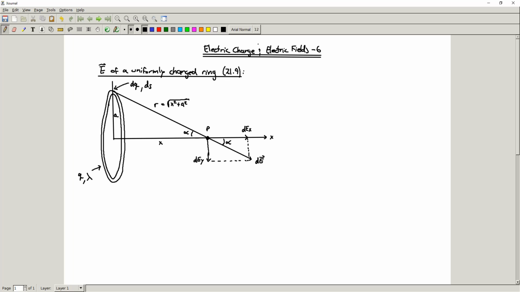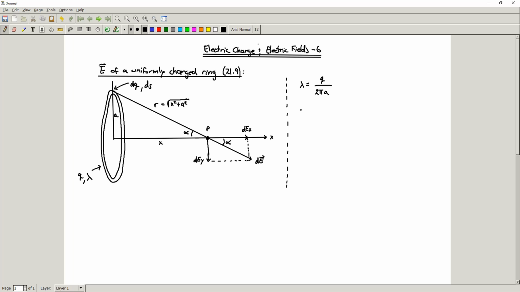And so let's start off by writing down our charge density, right? So we have lambda, and lambda is going to be equal to Q, the total charge on the ring, over the length of the ring, and in this case we're dealing with a circumference because it's a ring. So it's going to be 2 pi a, where a is the radius of our ring, right? So we have the charge distributed over 2 pi a of length in the circumference of our ring.